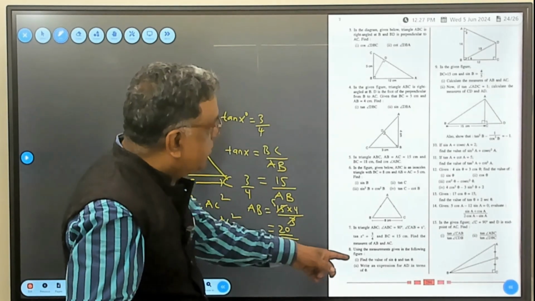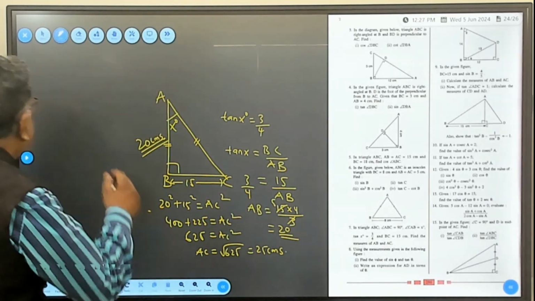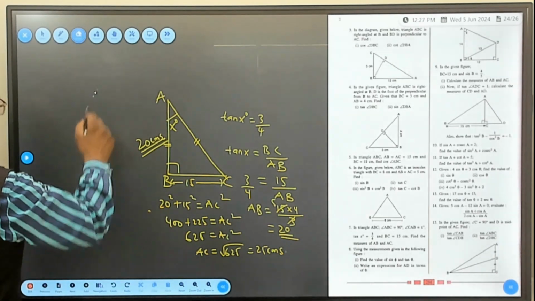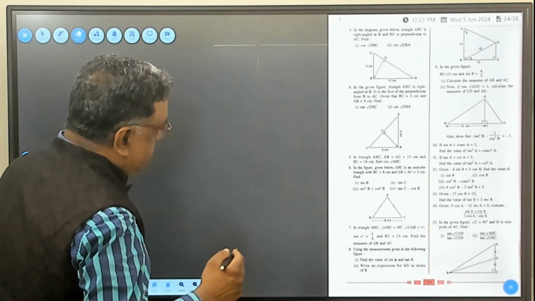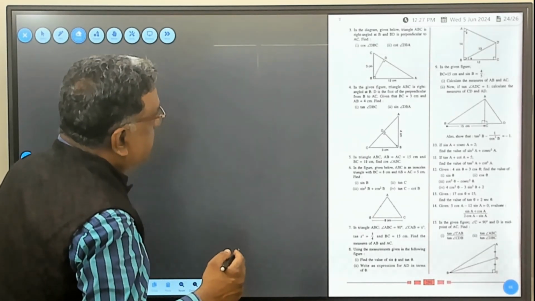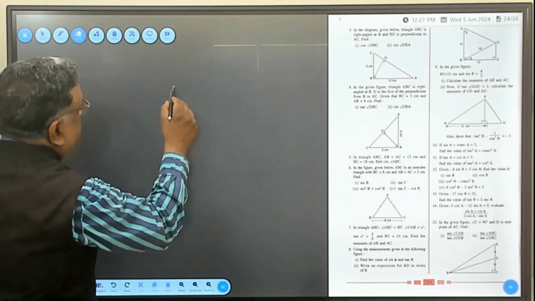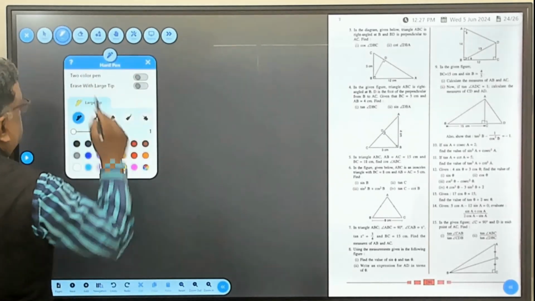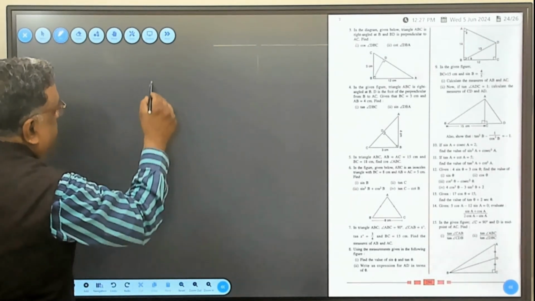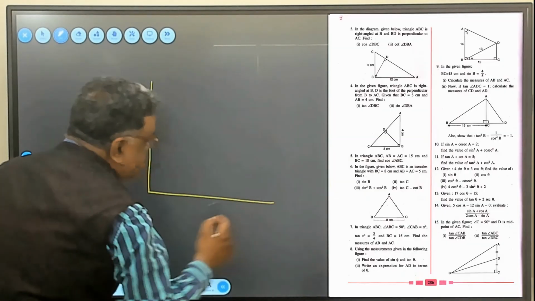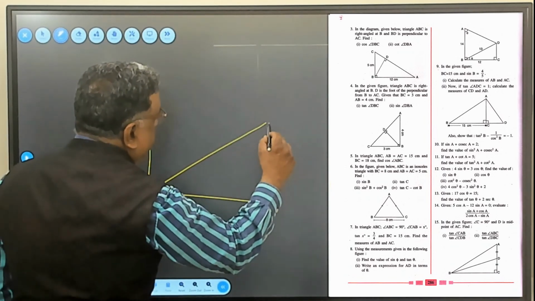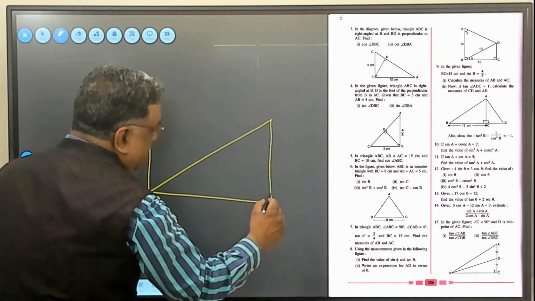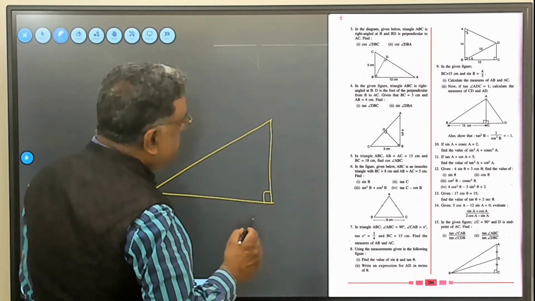The eighth one looks to be an interesting problem. Let's try to solve that. There is a figure being given. Let us first draw the figure and then we'll understand. This is 90 degrees.